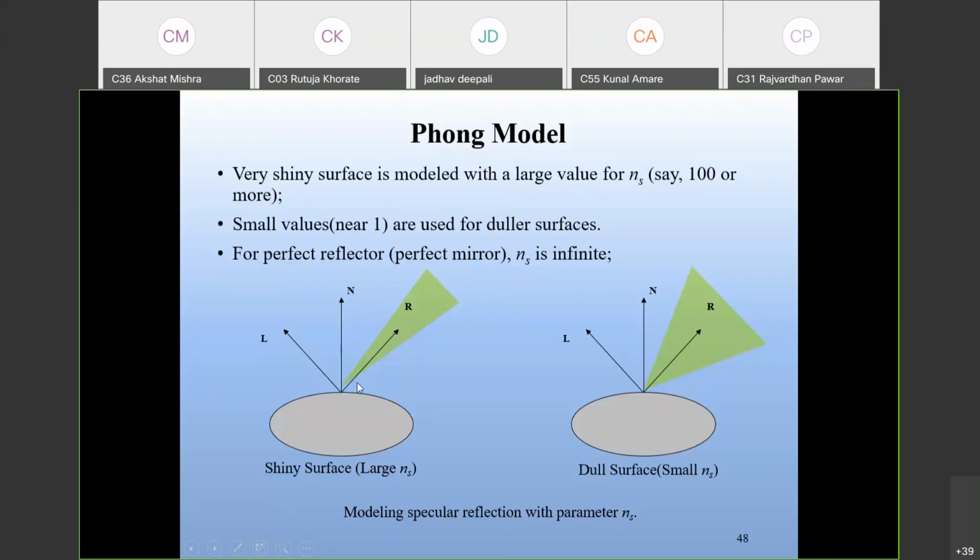So in this way, for a shiny surface a narrow range is generated, and for a dull surface a wider range is generated. Why? Because Ns is a large value here, 100 and more, while for the dull surface Ns is near 1.